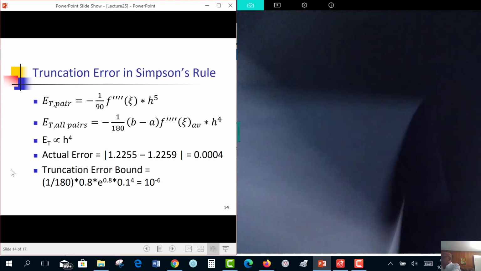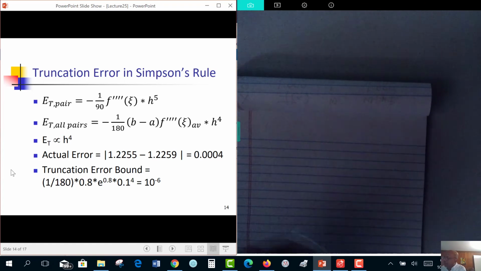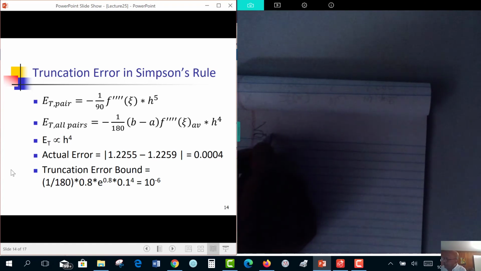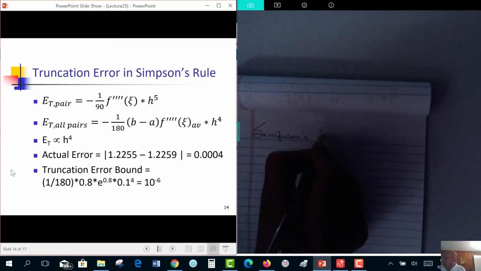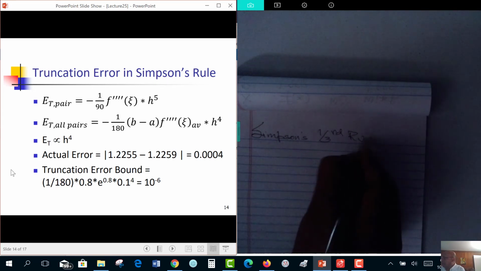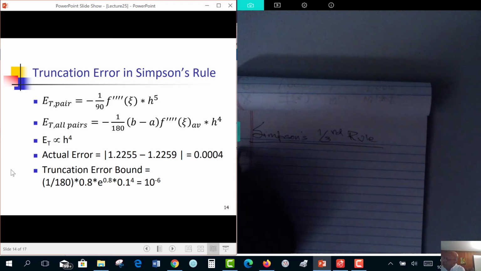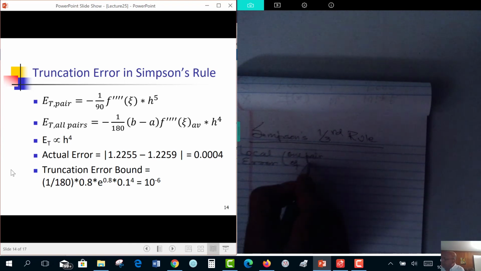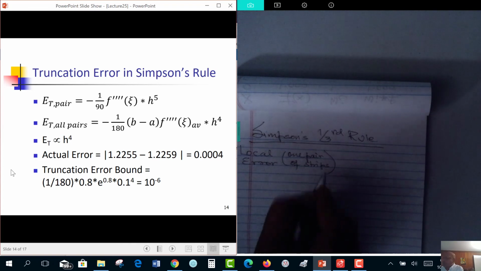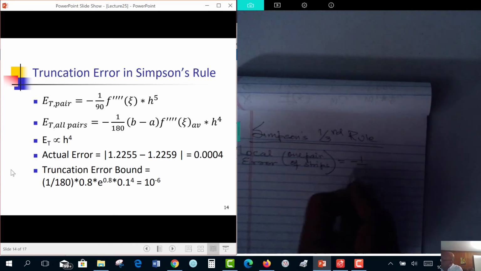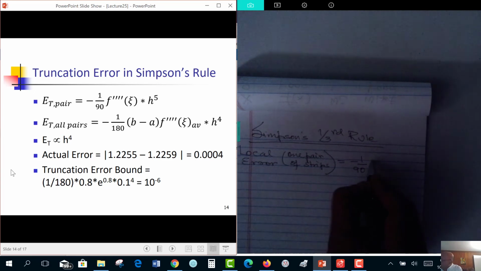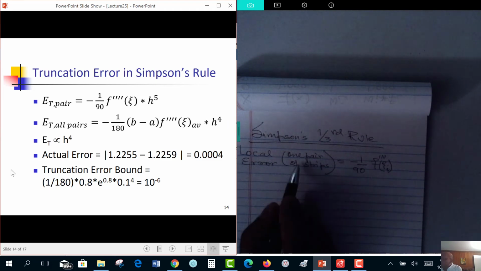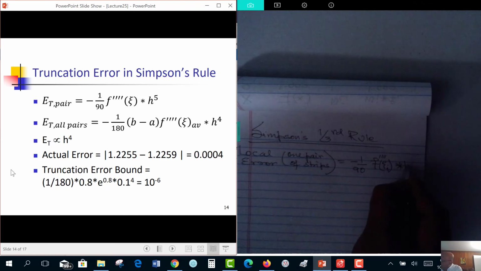So I'm not going to derive the error this time, but in Simpson's 1/3 rule, our local error, that means just for one pair of strips, is minus 1 over 90 fourth derivative at some zeta, which is on that pair of strips, times h to the power 5.